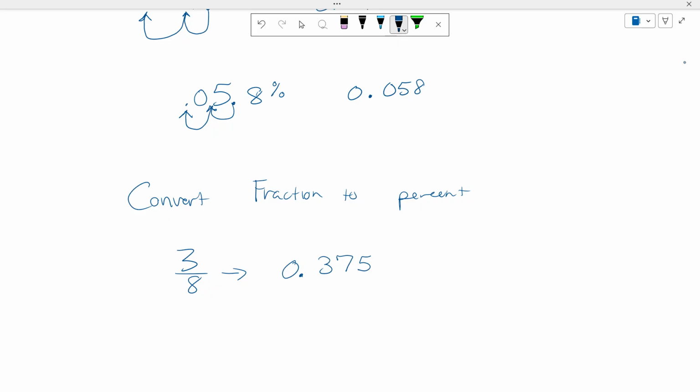Now, to change it to a percent, we take the decimal point and move it 2 places to the right. So it's 37.5%.